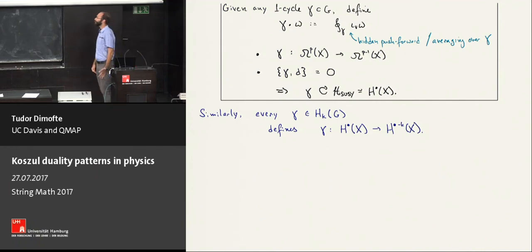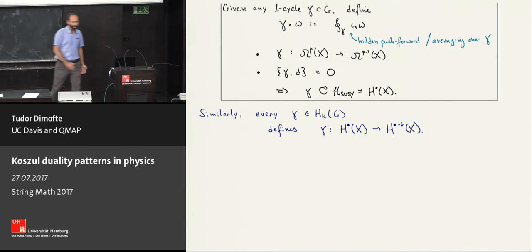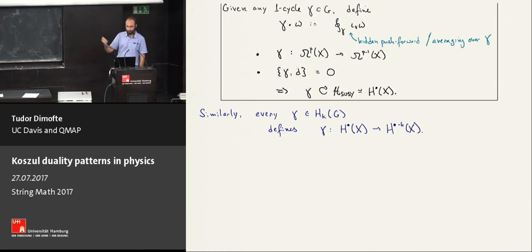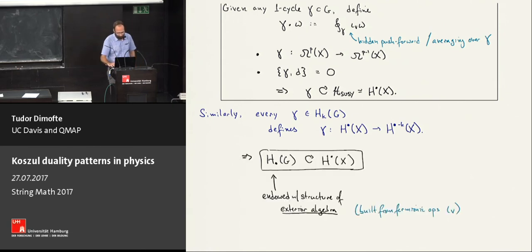In a very similar way, one can apply contraction with the vector field multiple times and integrate over a k cycle on the group to get an action of the entire homology of G on the supersymmetric Hilbert space. And that, at least very naively, is the homological G action.